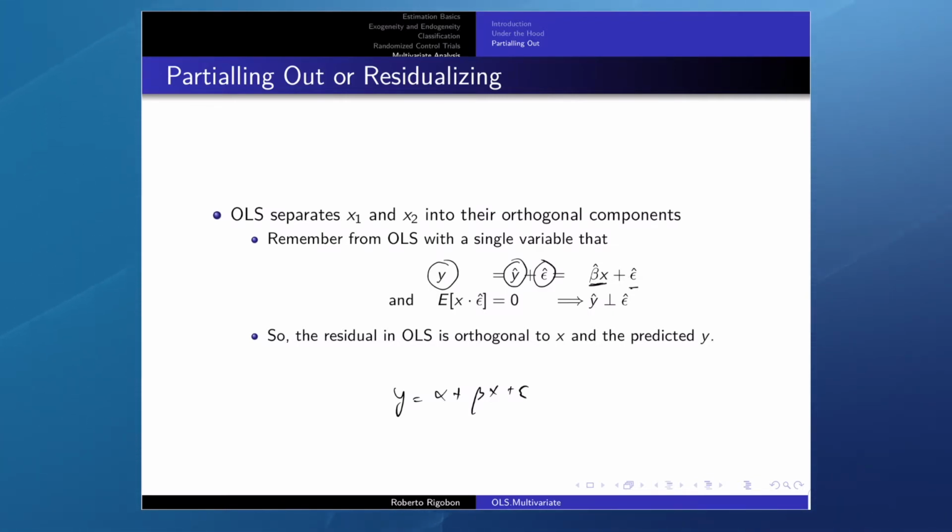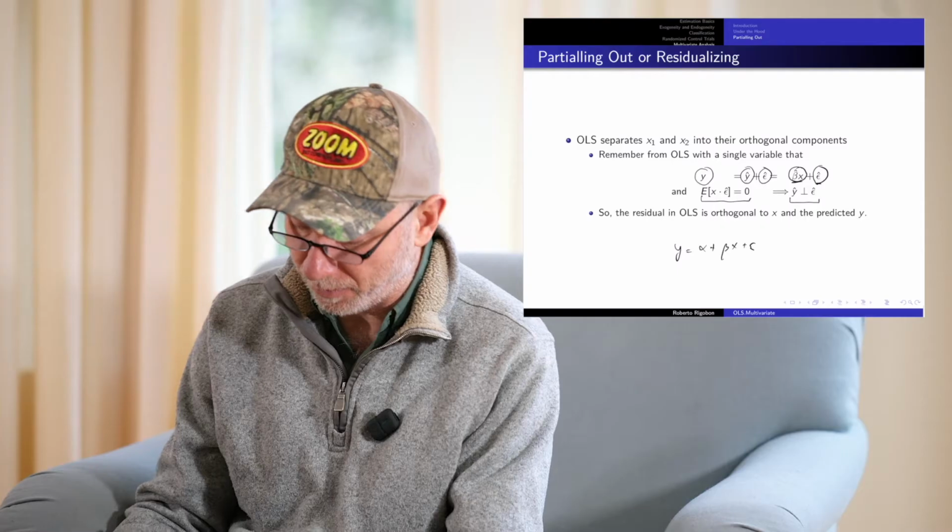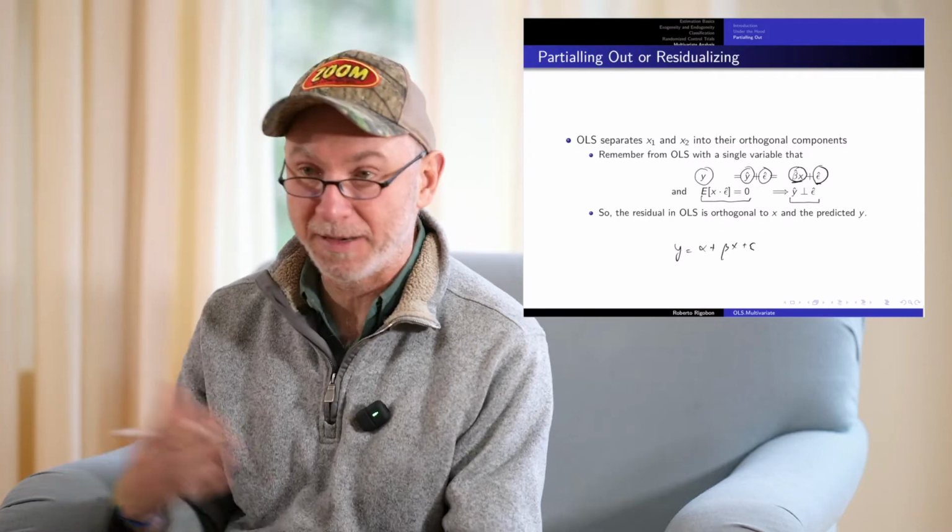I'm just restating. And we know that we proved that what OLS does is make this component orthogonal to this component. In other words, the covariance between the x's and the residuals will be zero, in such a way that the residuals and the predicted values are orthogonal. So that decomposition happens all the time.